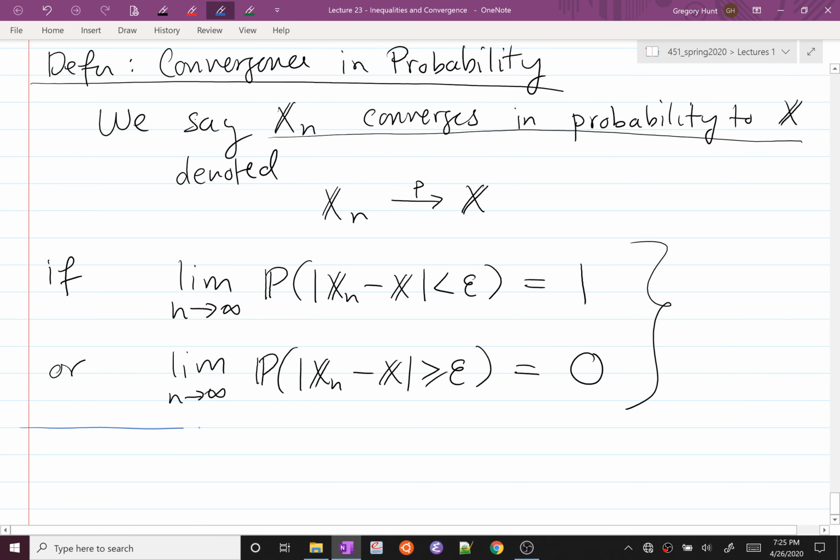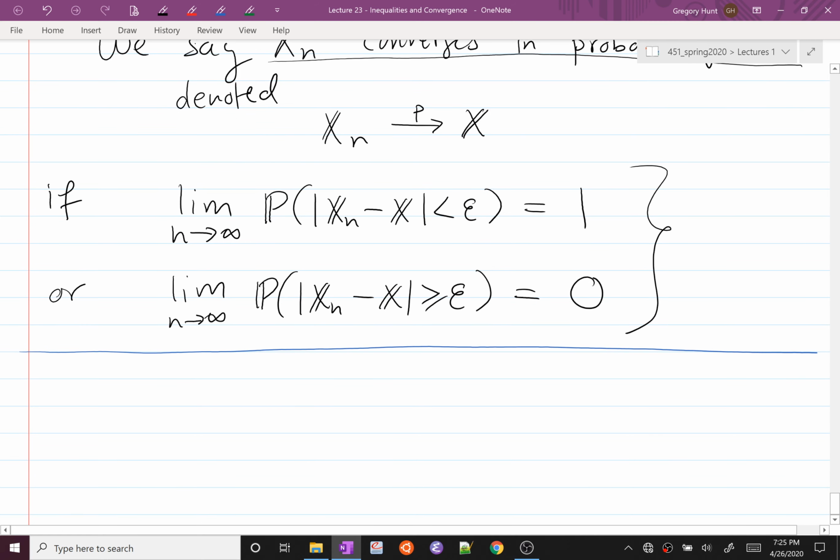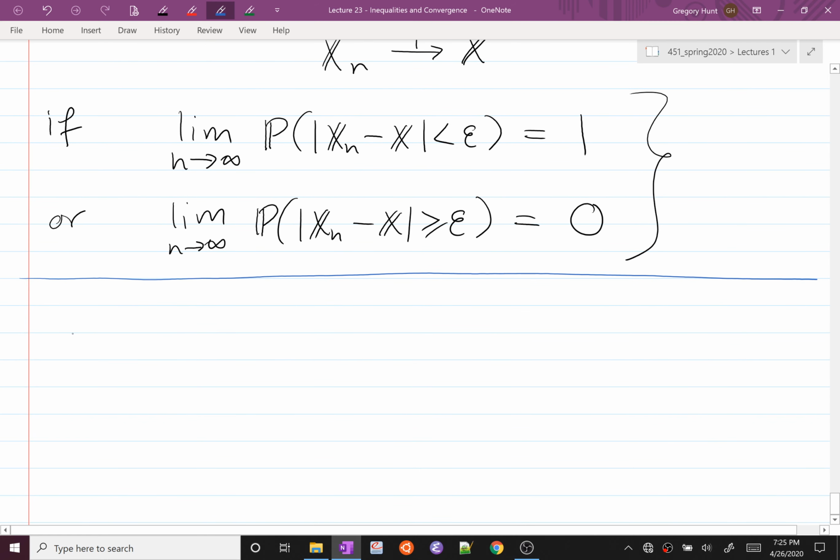So let's break apart this definition. When n is 1, we look at the probability that |X_1 - X| is less than some value epsilon. Then for X_2, the probability that |X_2 - X| is less than epsilon.